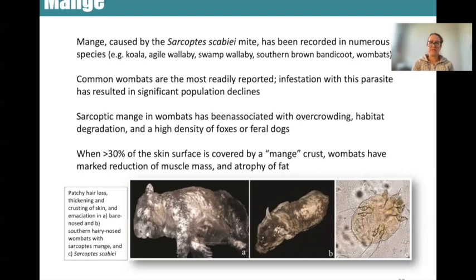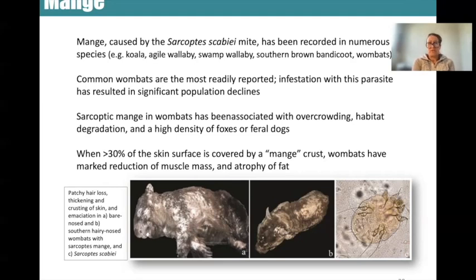Mange in wombats has been associated with overcrowding, habitat degradation, and high density of foxes or feral dogs. So there is some association between stress and the frequency of mange.